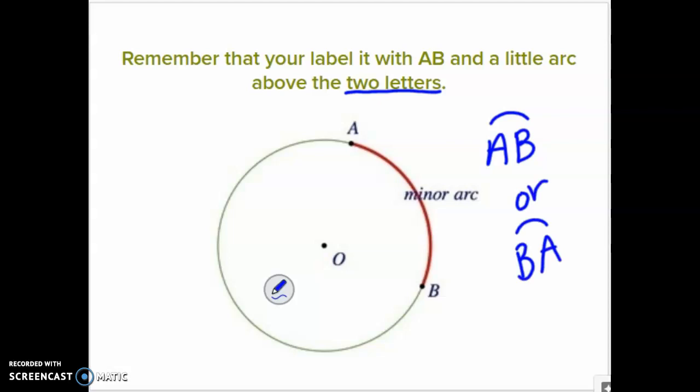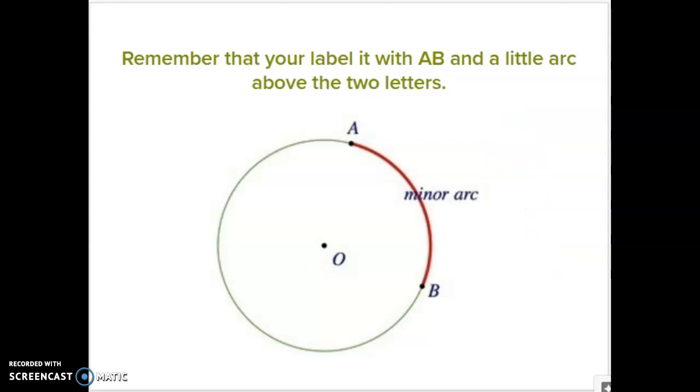That's fine, but you only need to put two letters down for minor arcs, because we're going to assume we're talking about the small one. You're going to notice that major arcs we're going to have to label with three. So that's going to be our tell, major versus minor.